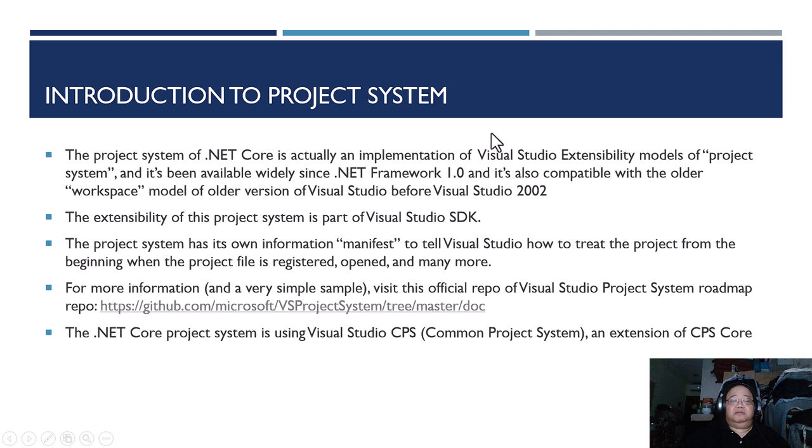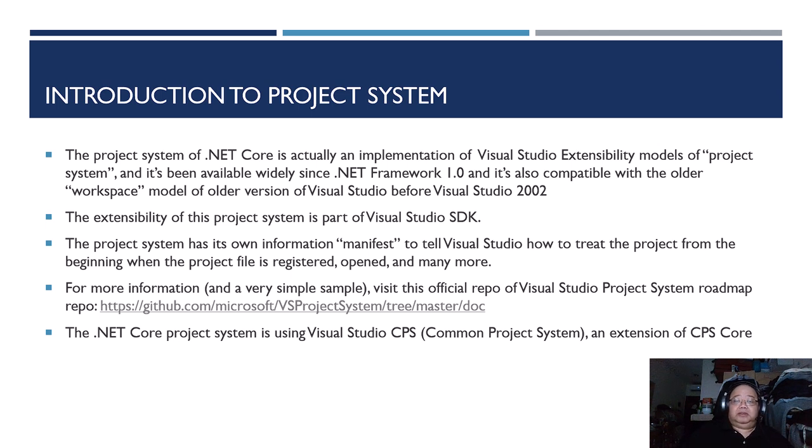This is a quick info of the project system in the .NET Core SDK. Basically, the current project system is using Visual Studio CPS, but in a broader way. CPS means that you already have some nice features such as the globbing that I have mentioned in the previous videos.